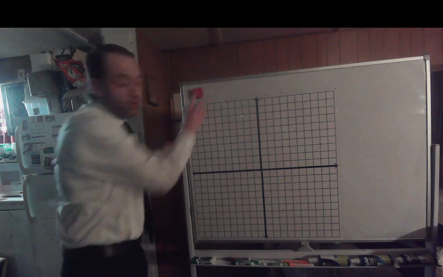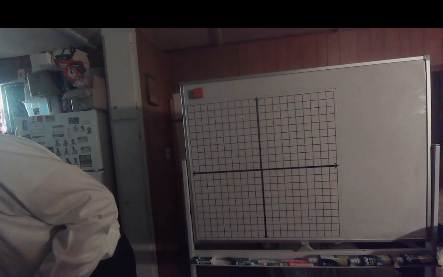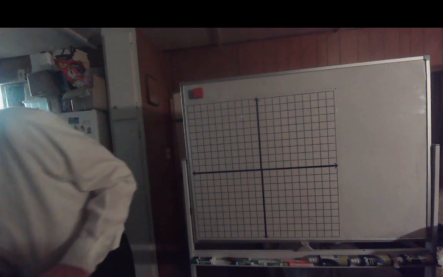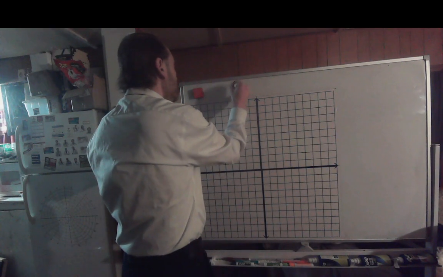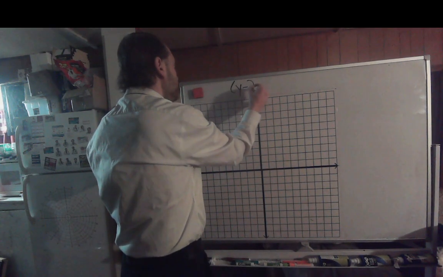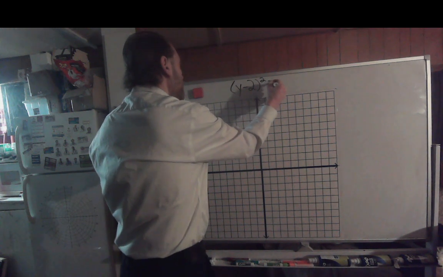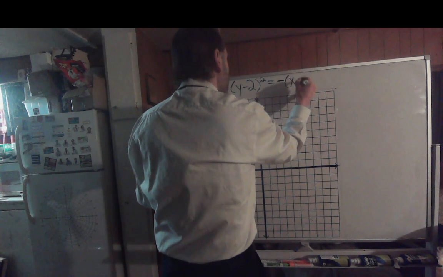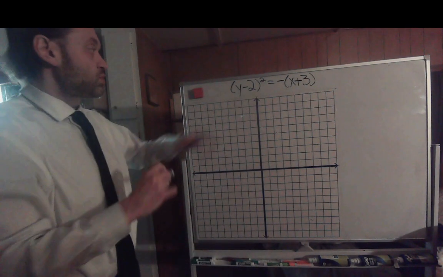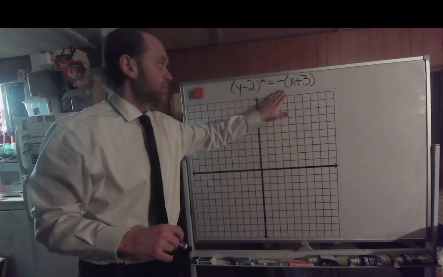All right, what do we got next? We have (y minus 2) squared is equal to the negative of (x plus 3).